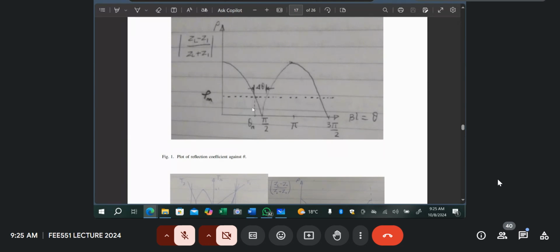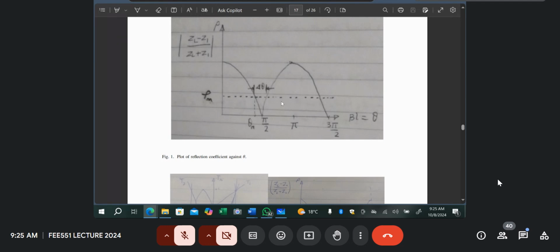Then it means, remember theta is beta L, so within that range of frequencies, you should be able to communicate without reflection or below that threshold of reflections. So that's why we are saying now that the bandwidth is d theta at that point.